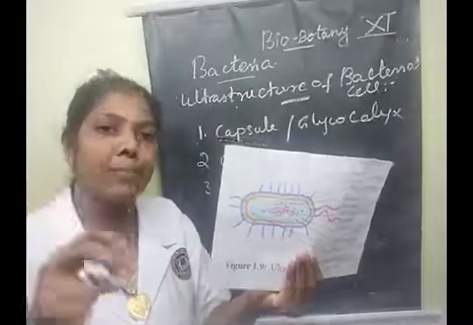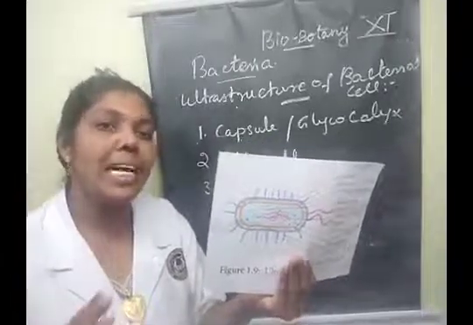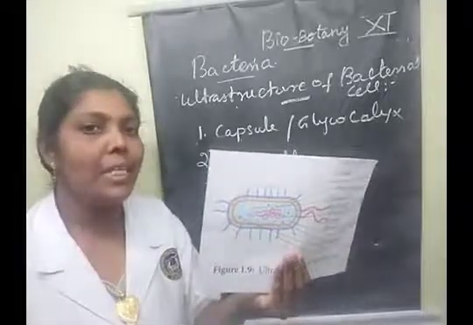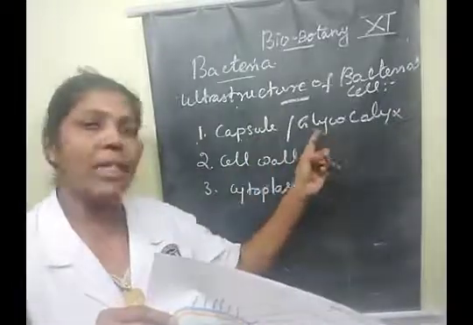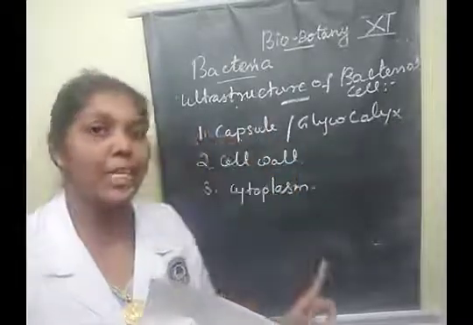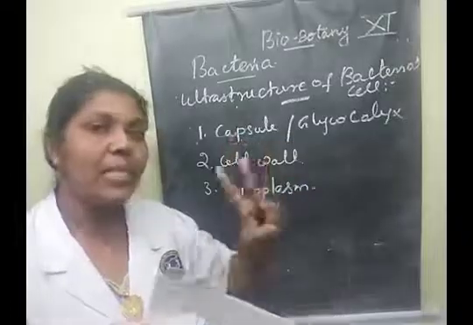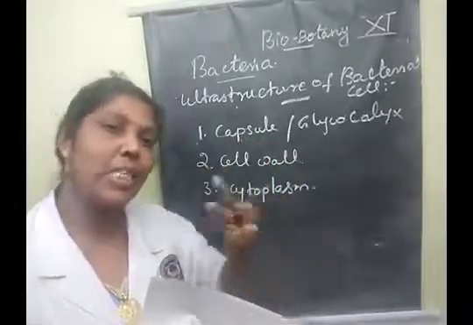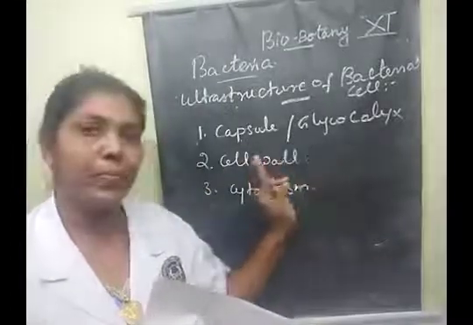This gelatinous substance has 2 components: one is polysaccharides and another one is mucosaccharides. These are the 2 chemical substances present in this gelatinous sheet.